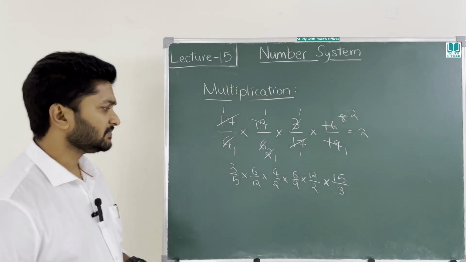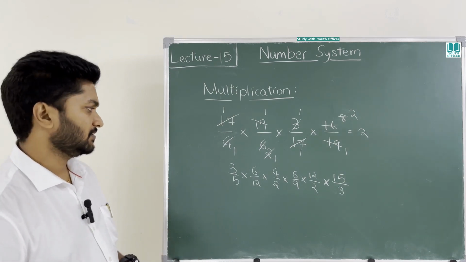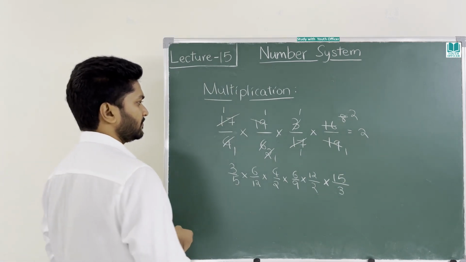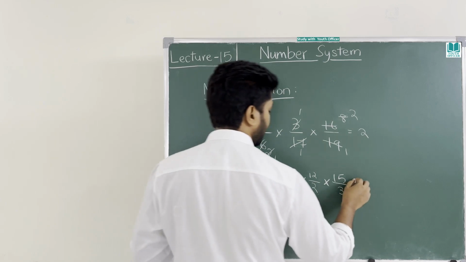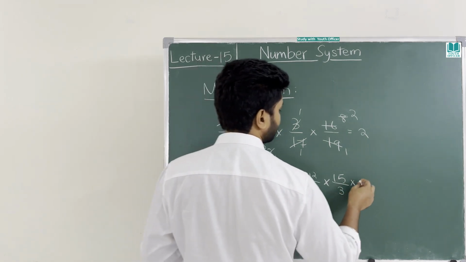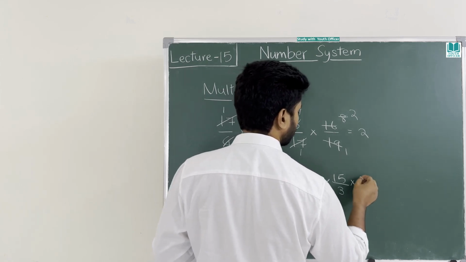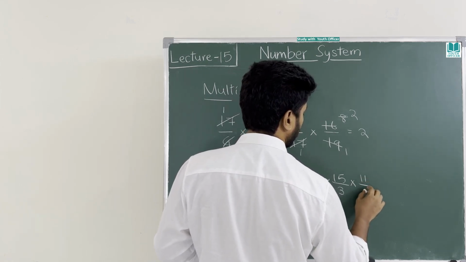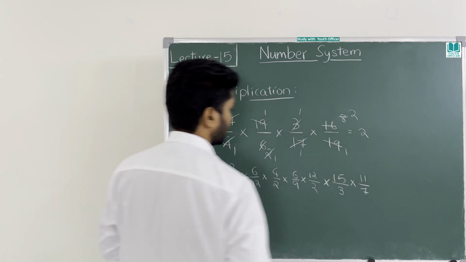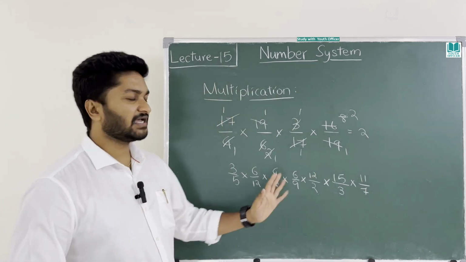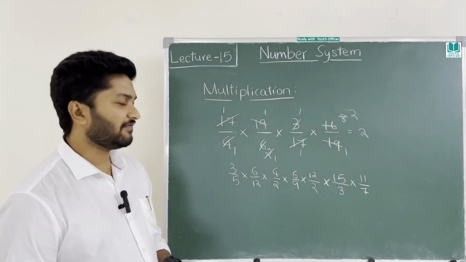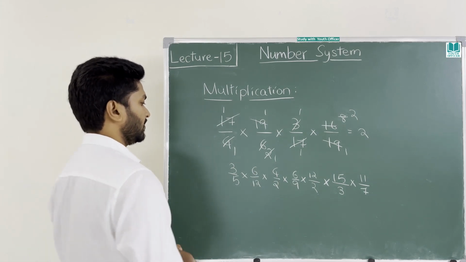Okay, how do you do this kind of thing? Now, or I'll add one more. Let's take some odd numbers, like prime numbers. I'll take 11 by 7. Okay, so if you have this kind of multiplication of fractions, how do you do that?